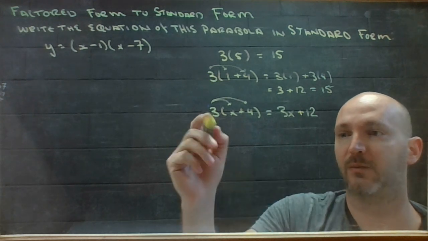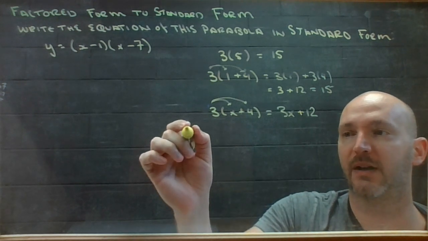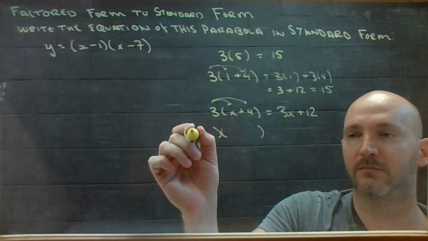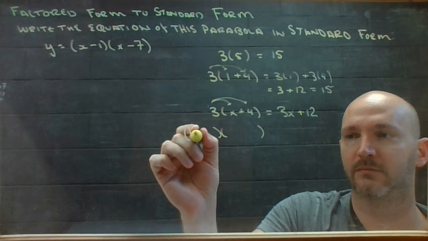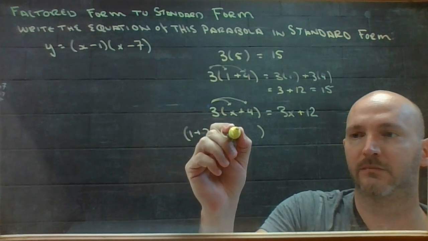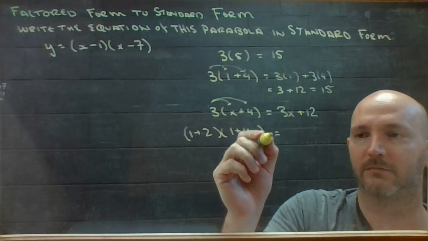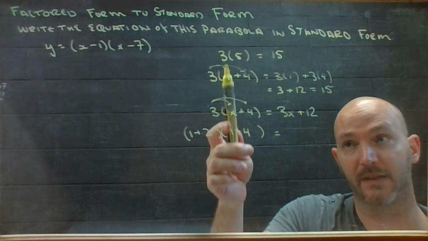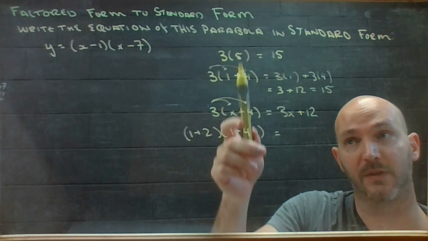Okay, so what does it mean when you have something like this? Again, if you're thinking about it, 1 plus 2 is 3, and 1 plus 4 is 5.